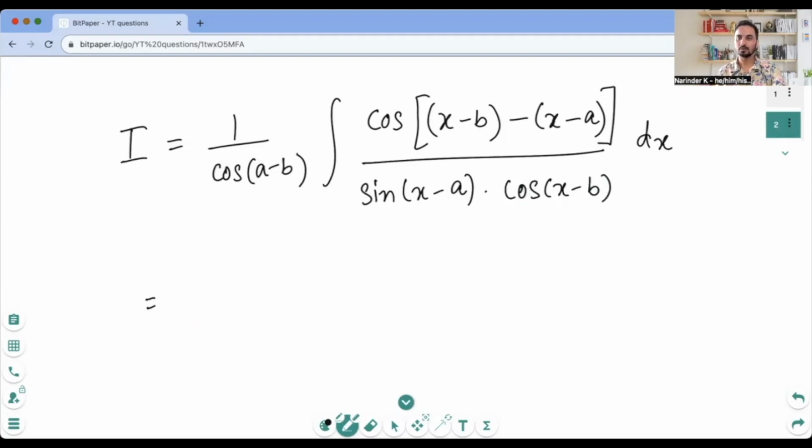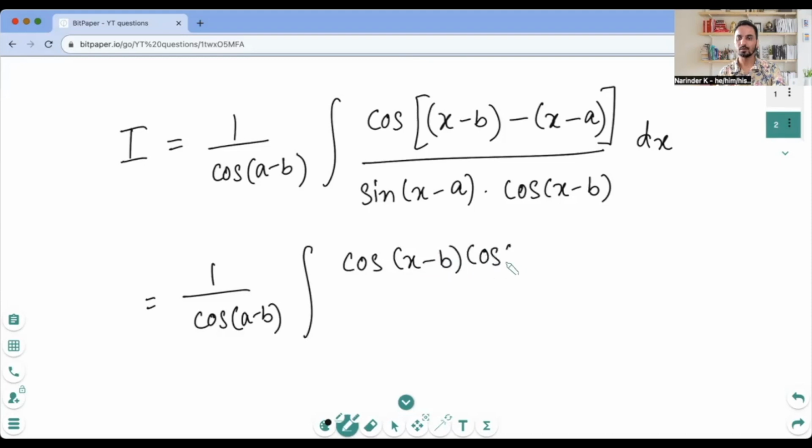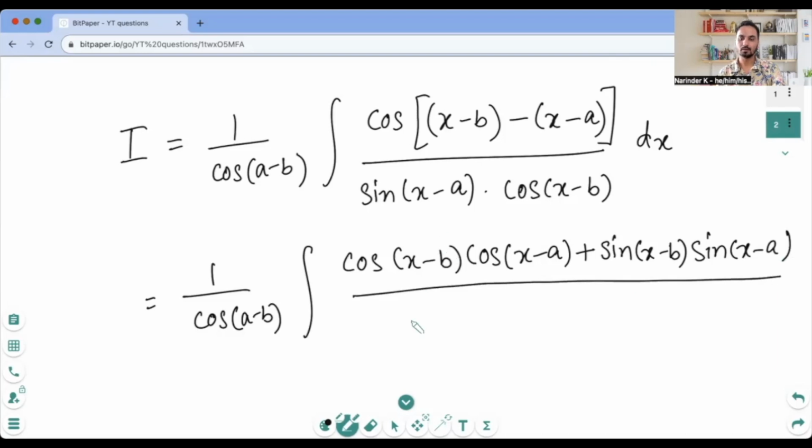Now, if we use the difference formula for cosine in the numerator, we will get the integral of cos(x minus b) times cos(x minus a) plus sin(x minus b) times sin(x minus a) divided by the denominator, which is sin(x minus a) times cos(x minus b) dx.